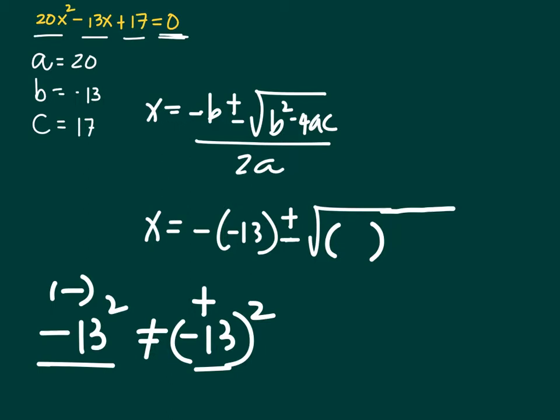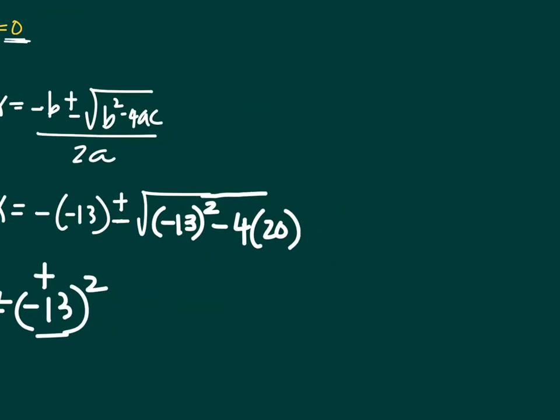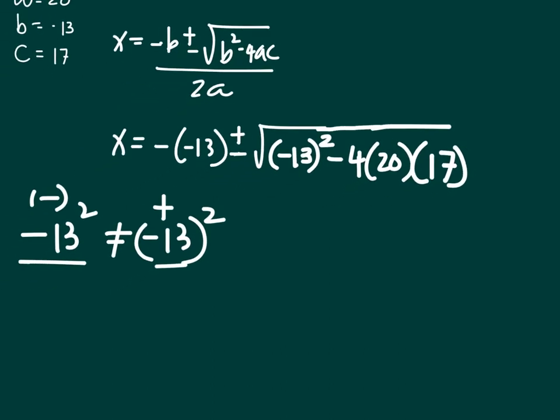So when I place the numbers inside the formula, I pay attention to the negative sign. Negative 13 gets squared, minus 4, my a is 20 and my c is 17, so this is times 17. Now all over, divided by 2 times a, which is 20.